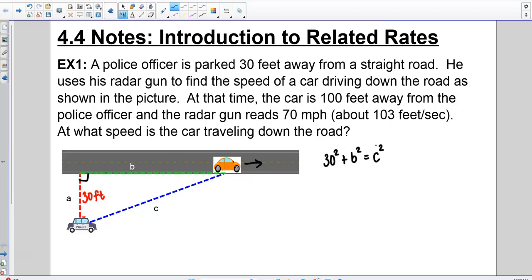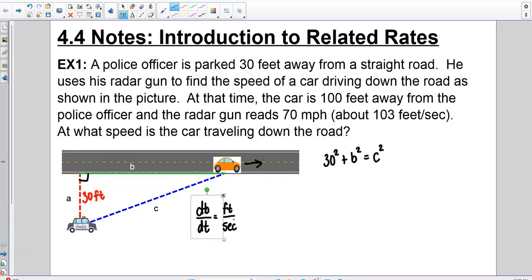The reason I want to do that is because if I take the derivative of B with respect to time, that is going to give me dB/dt. B is measured in feet, and we're going to do time in seconds.